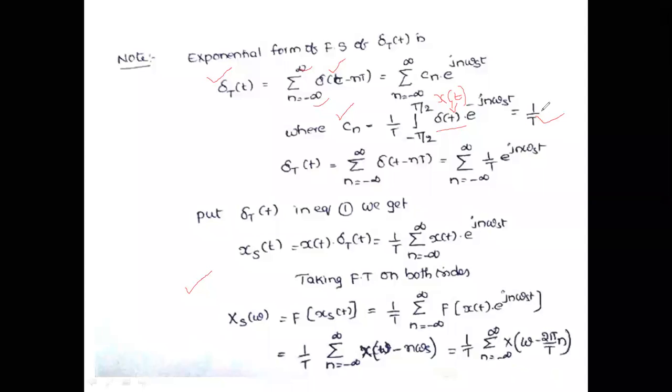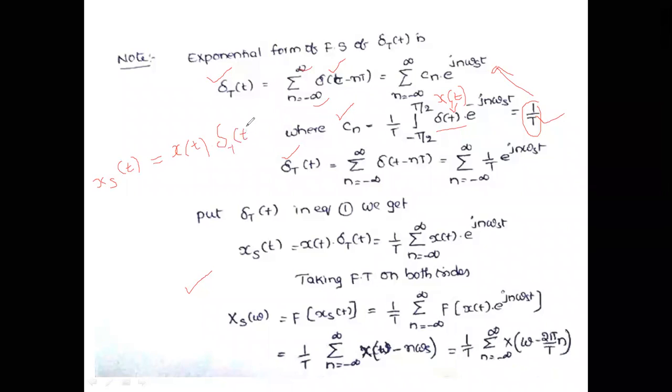So, if you substitute this in this case, delta_T of t is equal to the sum from n equals minus infinity to plus infinity of 1 by T into exponential e power j n omega s t. I have simply substituted Cn equal to 1 by T here. Now, put this delta_T of t in equation number 1. What is equation number 1? The sampled value of the input signal, xs of t, is equal to x of t into delta_T of t.